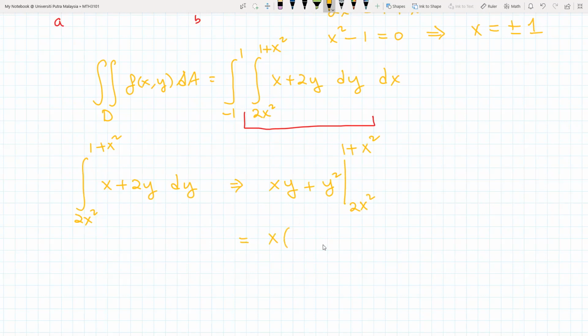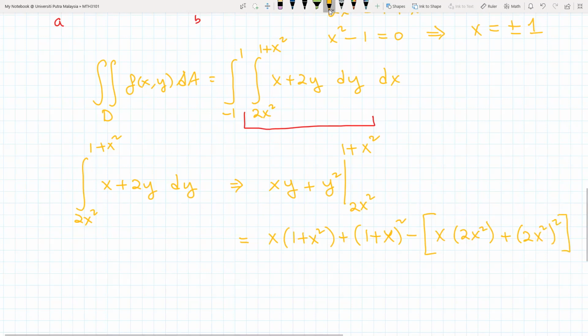Y yang pertama apa dia? 1 plus x squared plus y squared, which is 1 plus x squared minus x darab dengan 2x squared plus apa dia? 2x squared squared.